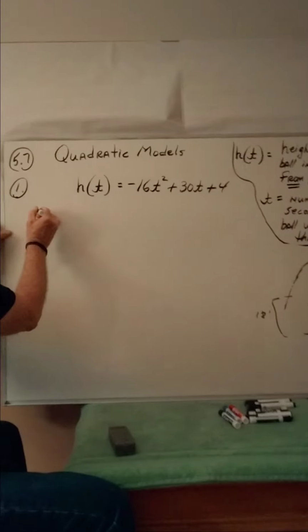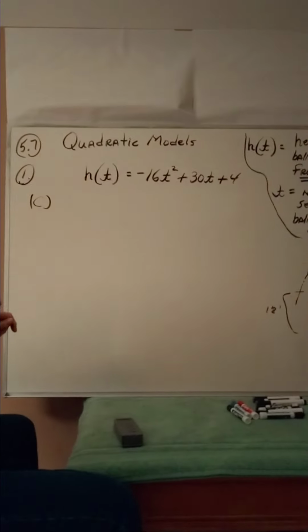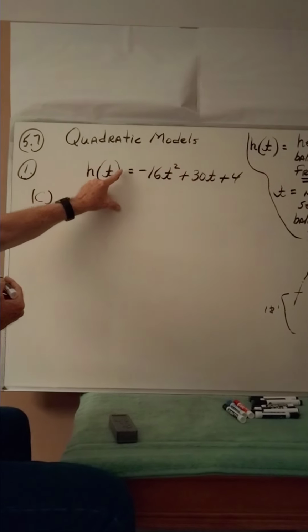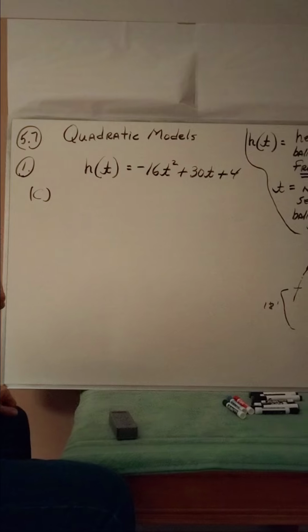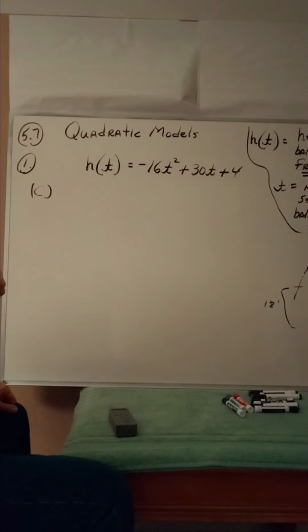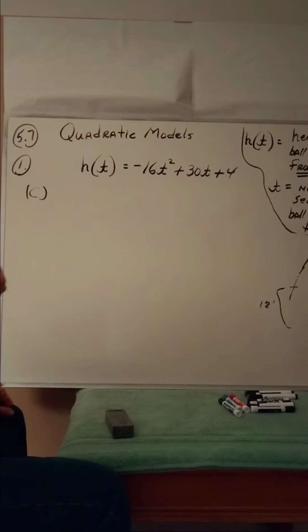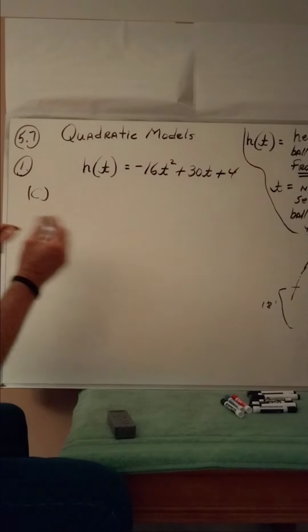So on letter C, how long does it take for the ball to hit the ground? Your value for your height is not 4. It's not 18. It's not 19. It's not 9. It's not 7.